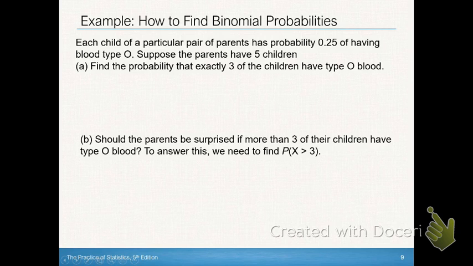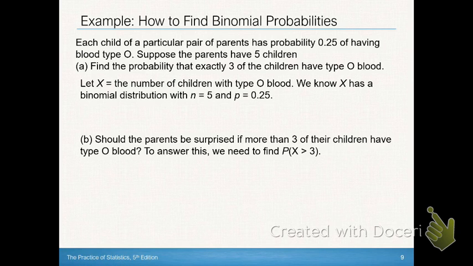So going back to that same example, if we want to find the probability that they have exactly 3 children with type O blood, we're going to have 5 children. We're going to choose 3 of them to have type O blood. Probability of success is 0.25, and we have 3 kids that we want to have type O blood. Probability of failure would be 0.75, and we'd have 2 children who would fail or not have type O blood.